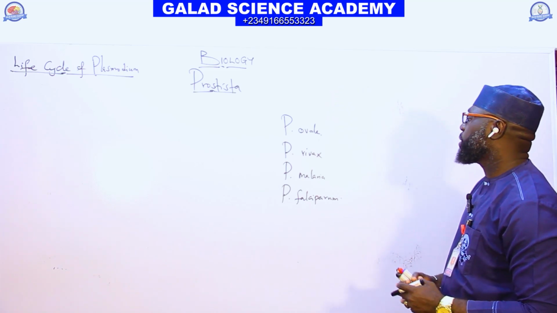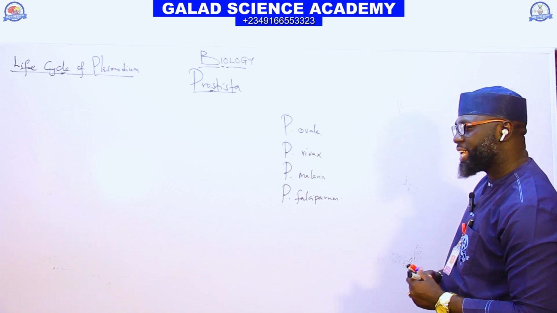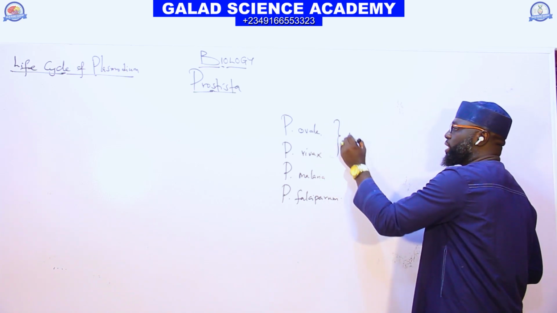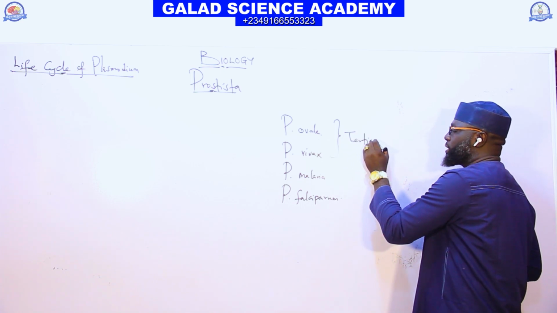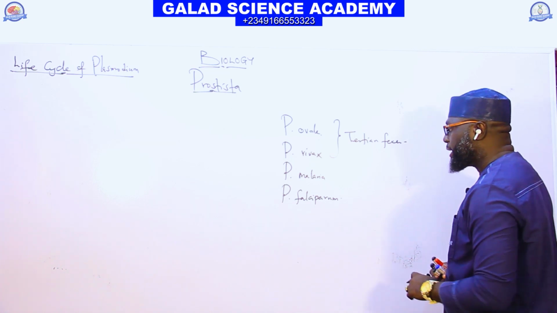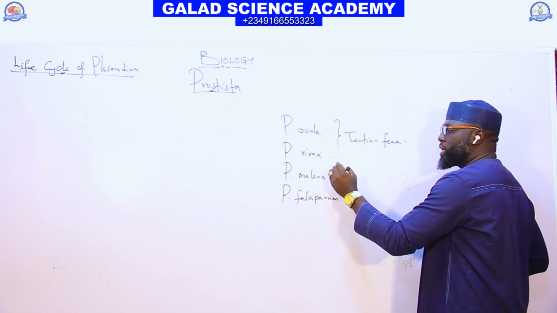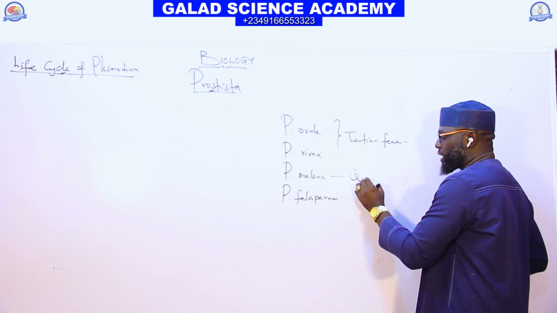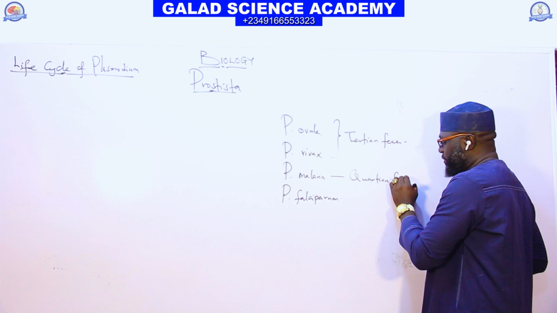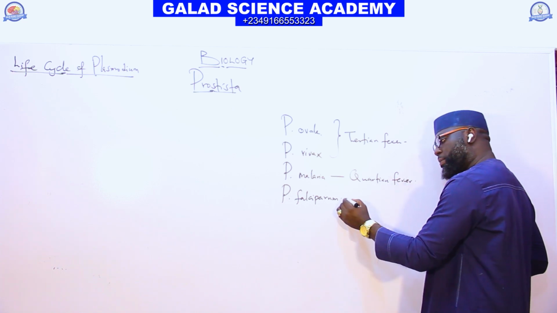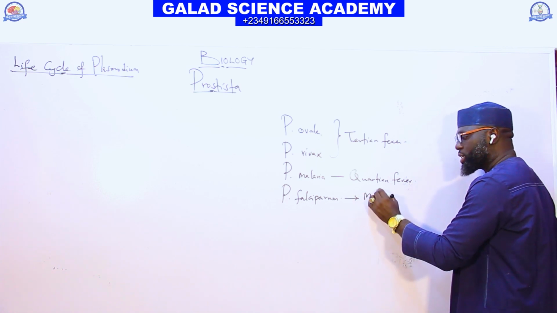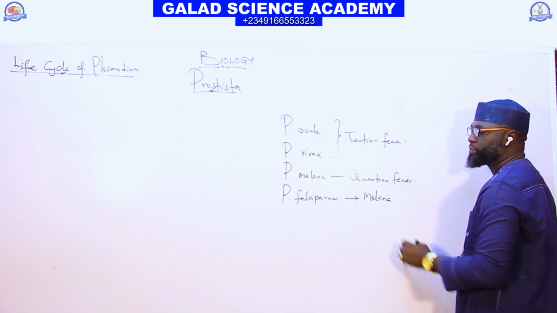Plasmodium ovale and vivax are the parasites that cause tertian fever. Plasmodium malariae causes quartan fever, and Plasmodium falciparum causes the common malaria.